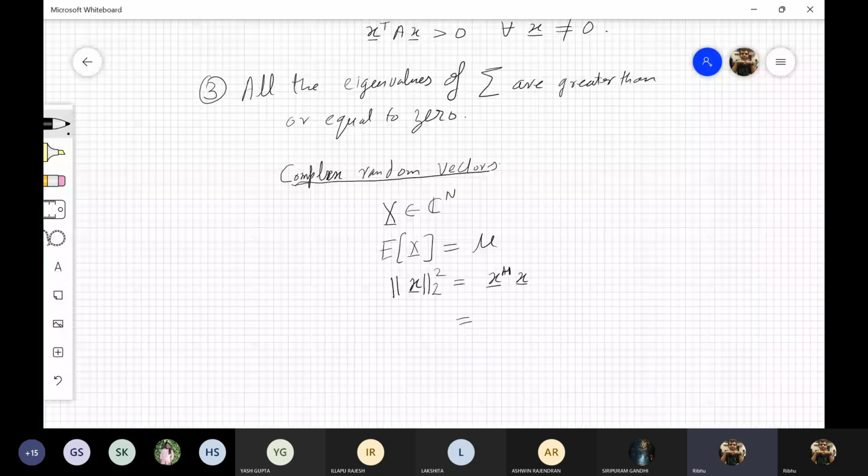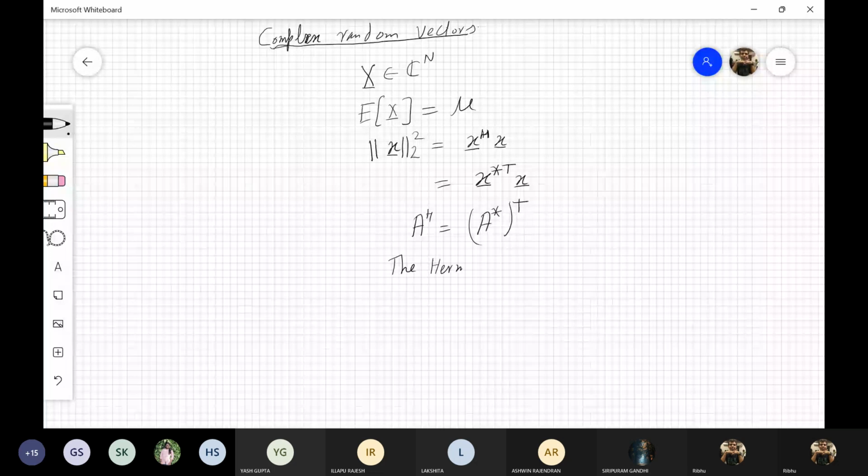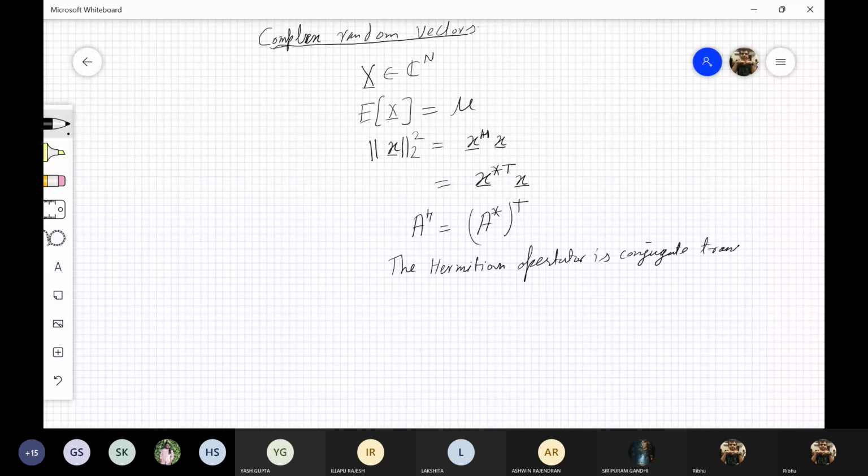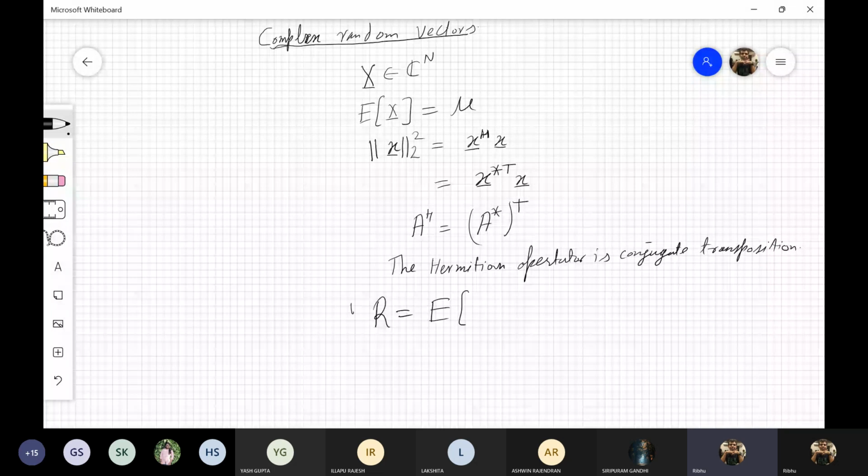So this operator, A Hermitian, for any matrix A equals conjugate transpose. The Hermitian operator is conjugate transposition.